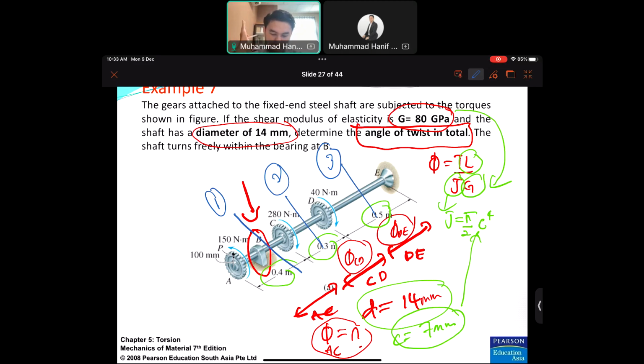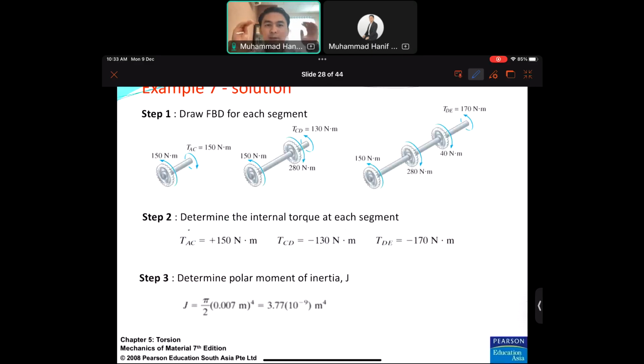So you cut at number one, you will have two split bodies as usual. The best way is to choose the simplest FBD, which is the left part, as shown in this slide. So we are choosing the left part for number one. You have one external load only, which is 150 Newton meter.